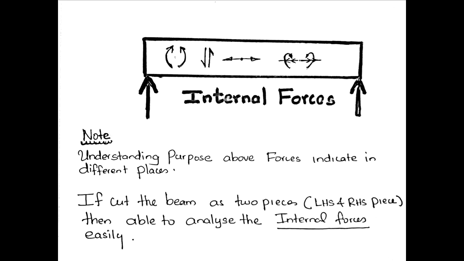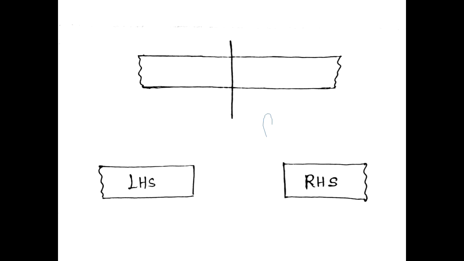If we cut the beam into two pieces, then we are able to analyze the internal forces easily. Now cut the beam imaginarily into two pieces, one LHS piece, the left hand side piece, and the other right hand side piece.